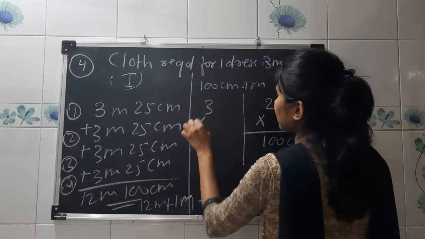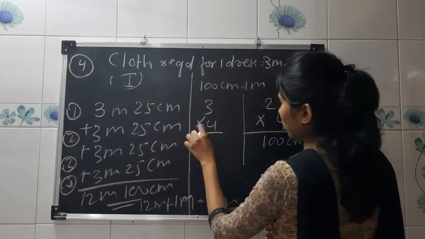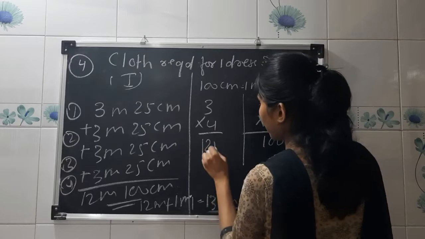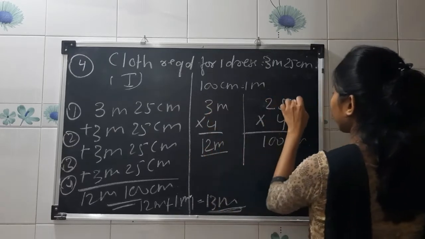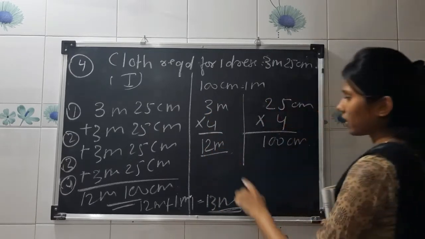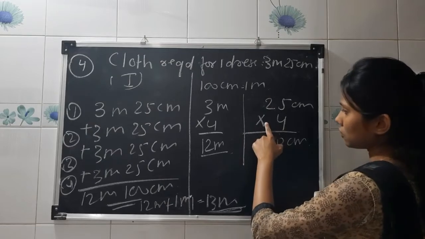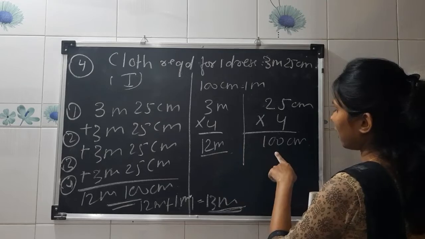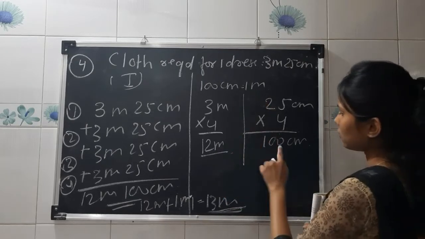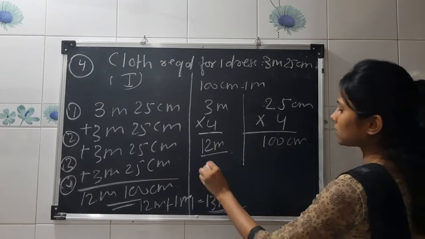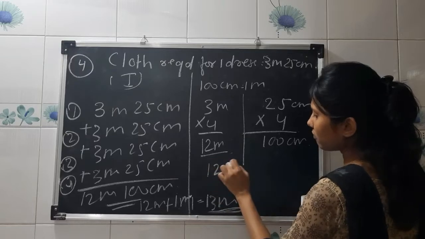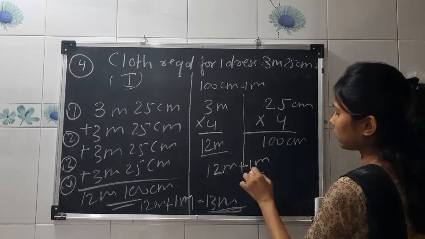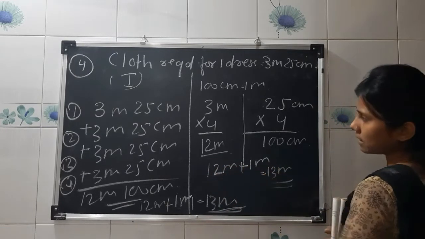And 3 meters into 4, 12 meters. Now again you can follow this method also or this method also. Okay. Again same. 100 centimeter is equal to 1 meter. So convert this 100 centimeter into 1 meter. So 12 meter plus 1 meter, 13 meter. You will get the same answer.